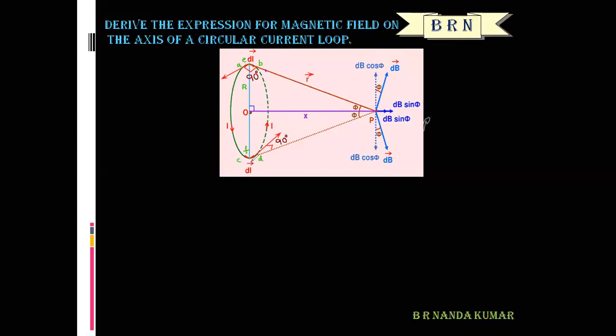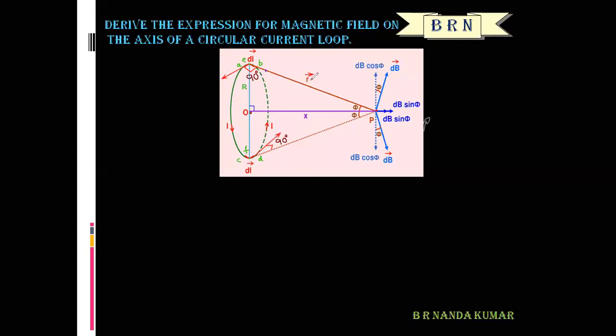At point E, dl vector is normally outwards. At point F, dl vector is normally inwards.